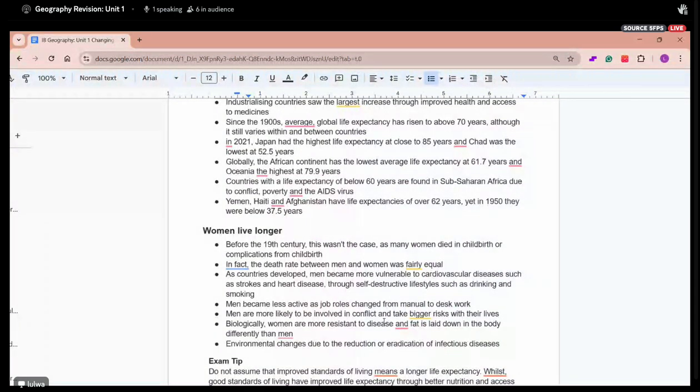However, as countries developed, men became more vulnerable to cardiovascular diseases, such as strokes and heart diseases, due to self-destructive lifestyles such as drinking and smoking. Men also became less active as job roles changed from manual to desk work, and men are more likely to be involved in conflict, conscript and sign up for the military, and therefore take bigger risks with their lives.